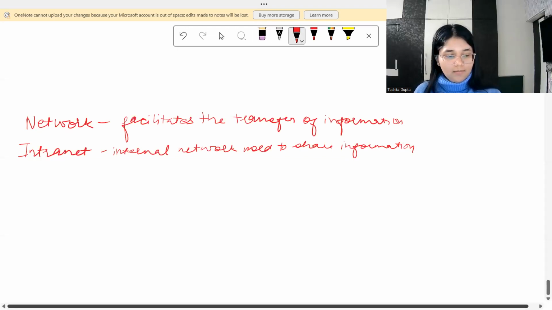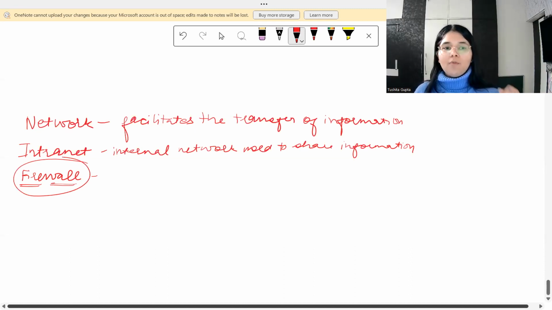Moving on, the next term that we learn about is a firewall. Basically, a firewall, as the name suggests, is a wall to protect against fire. It will fend off unauthorized access from outside. These are security guards put in place.